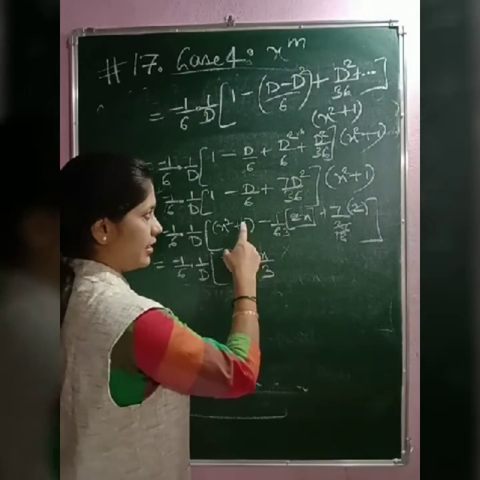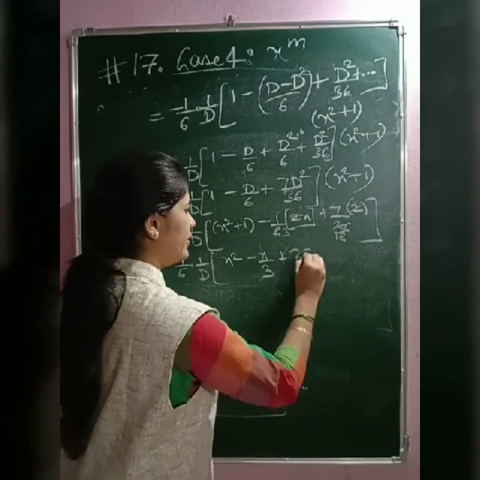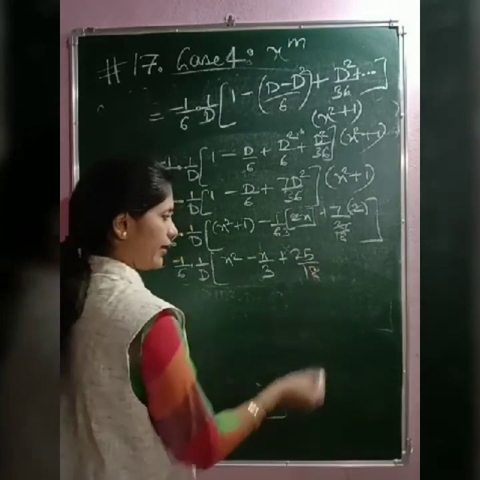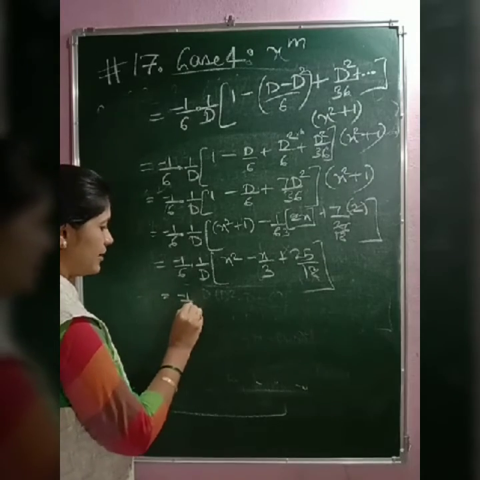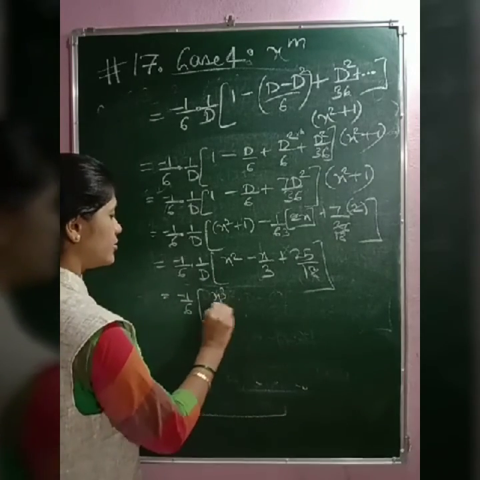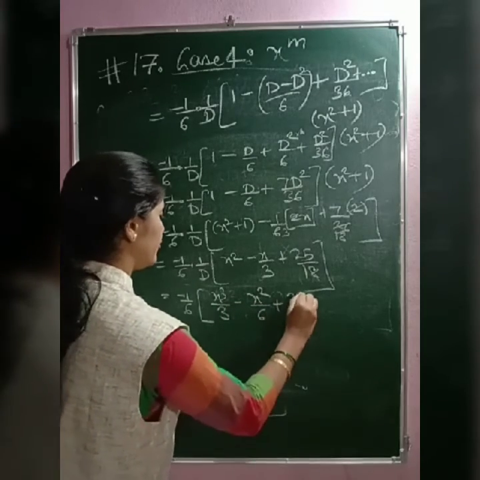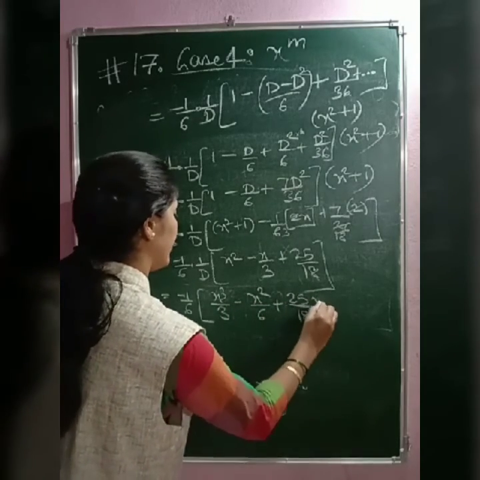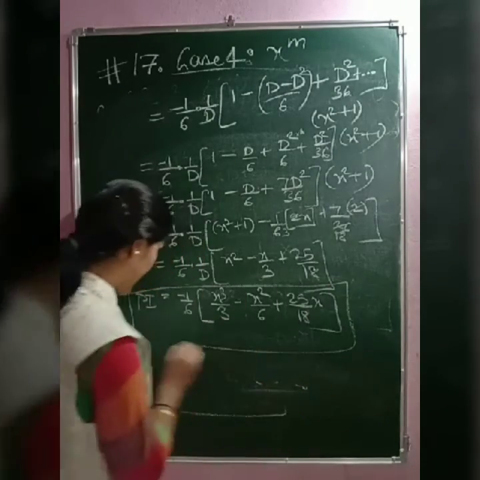So what is this? 18, 19, 20, 25 by 18, right? So now minus 1 by 6 as it is, integration of x square: x cube by 3 minus x square by 6 plus 25 by 18x. So this is nothing but our PI.